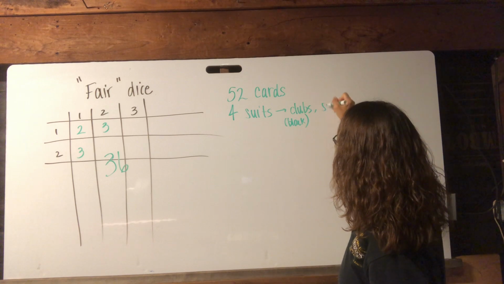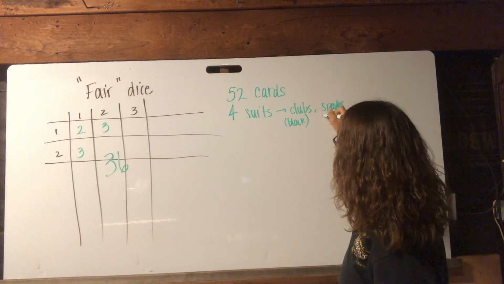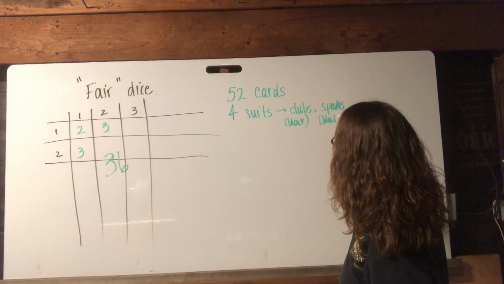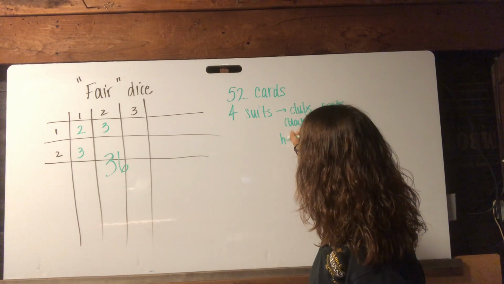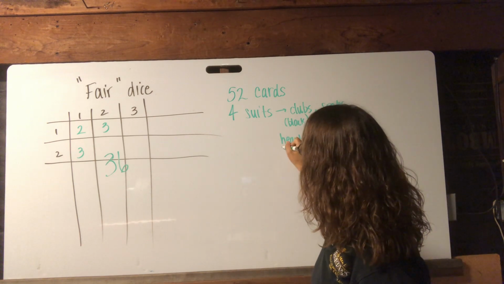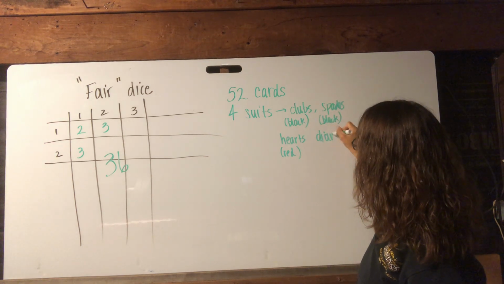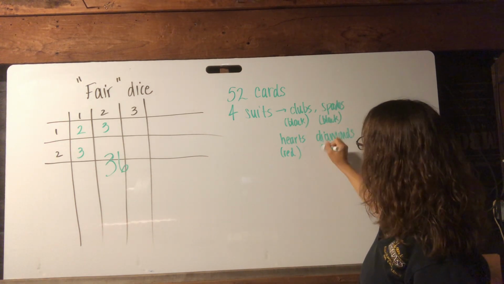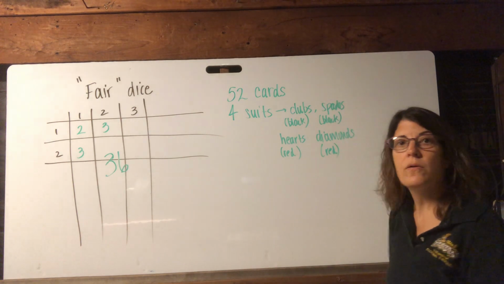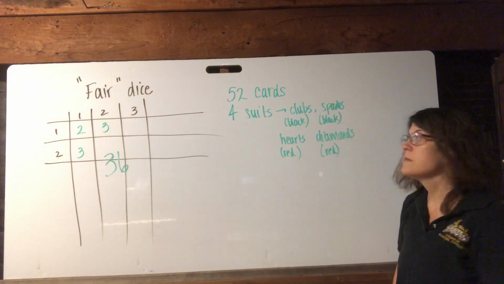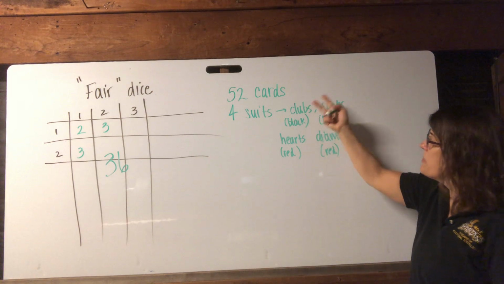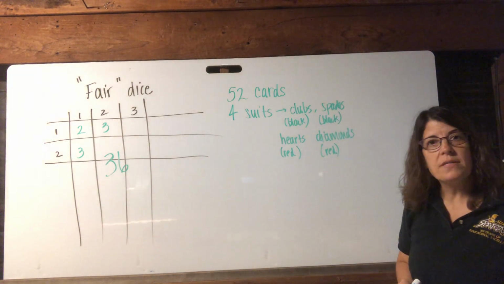There are spades, which are black. There are hearts, which are red. And there are diamonds, which are also red. Okay? 4 suits. 2 black suits, clubs and spades. 2 red suits, hearts and diamonds.